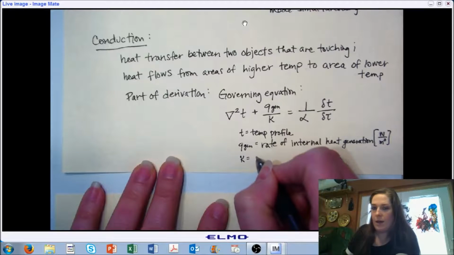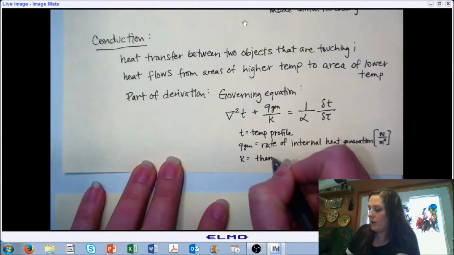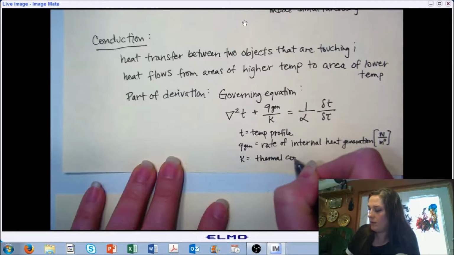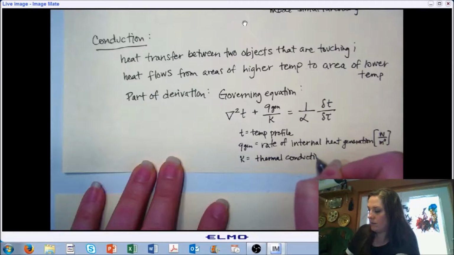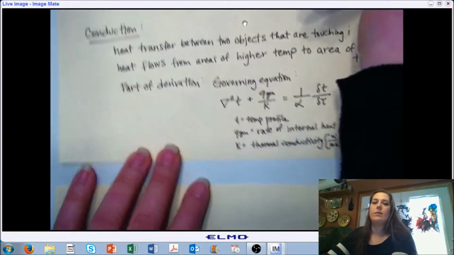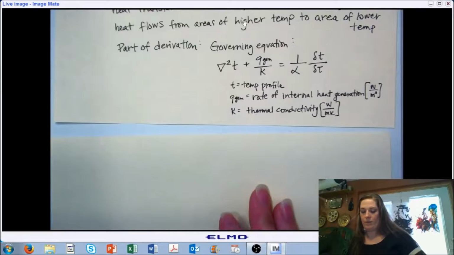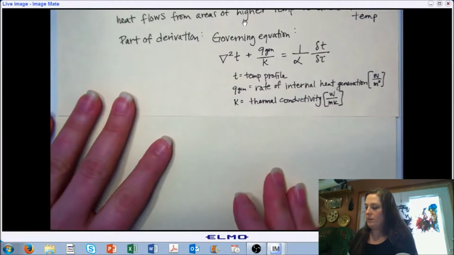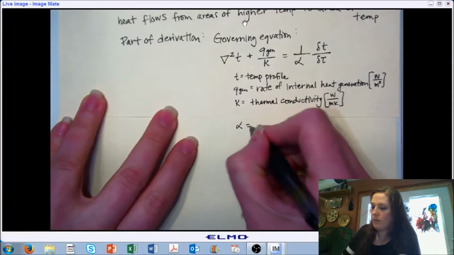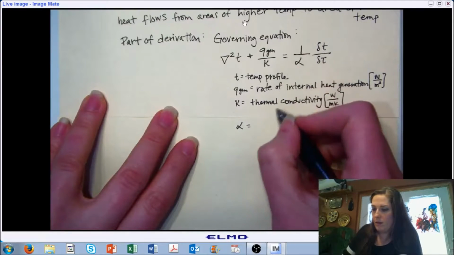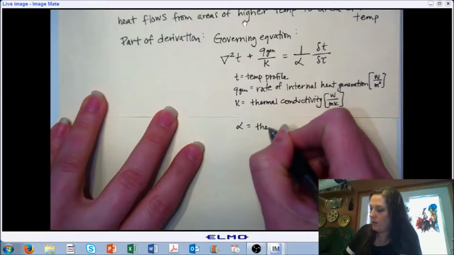A little k is our thermal conductivity of our material. Alpha is our thermal diffusivity.